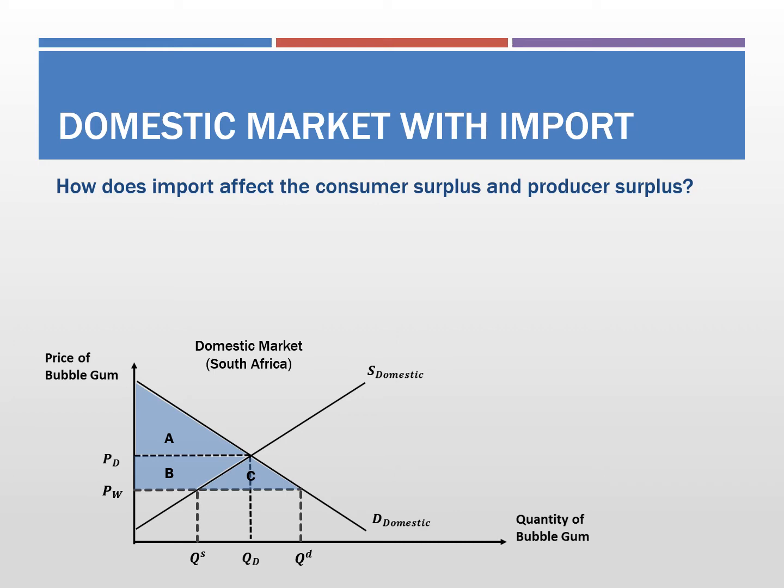So firms in South Africa will keep producing until they make no profits. That means they will keep producing until QS, and that's the minimum price they have to charge in order to make up their costs, and they will stop producing. So in this case, the domestic producer surplus will be only area D.